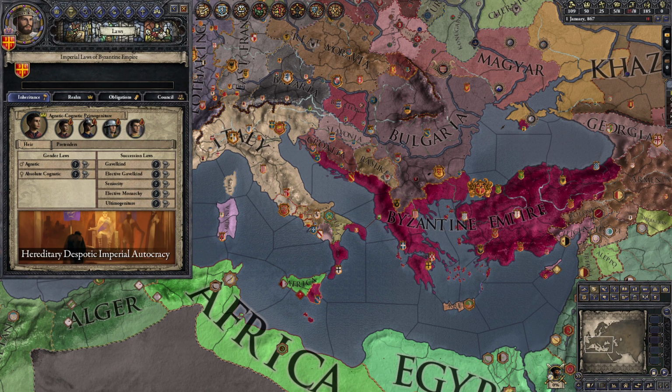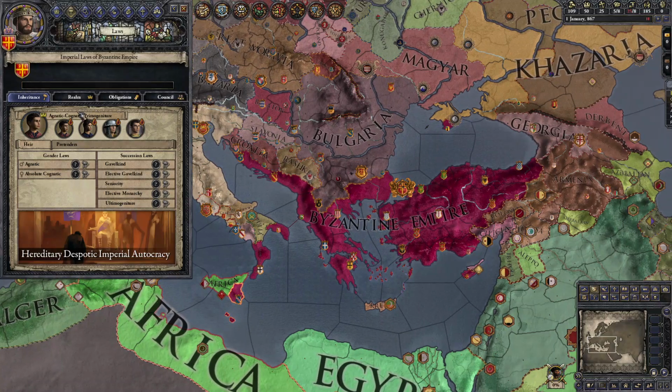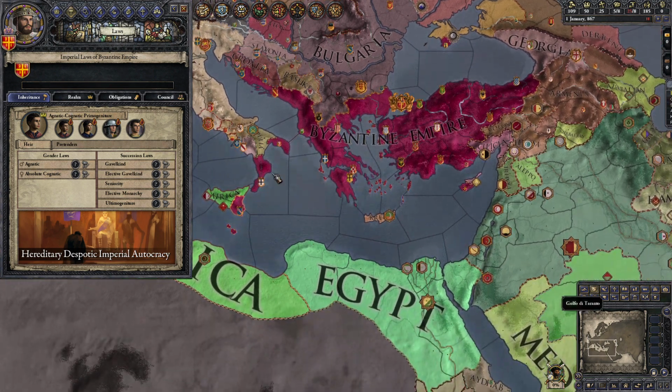Now, the agnatic, or agnatic, whatever, I can't pronounce. I've only ever heard it read. That means that it's giving benefit to men above women. So if I have only women, only daughters, then they can inherit the empire.